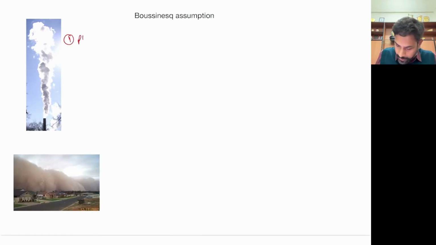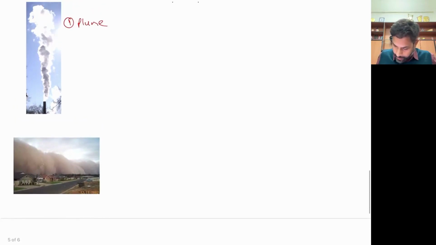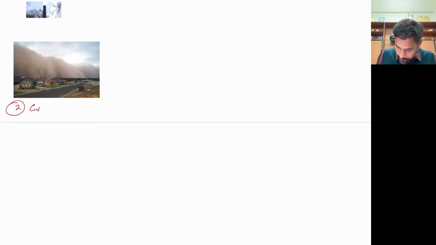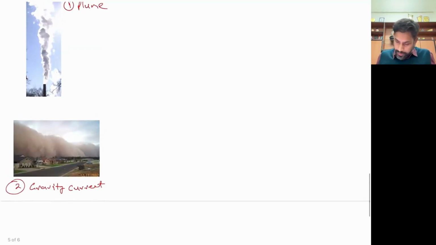First one is of plume, and the second one is of a gravity current, right?